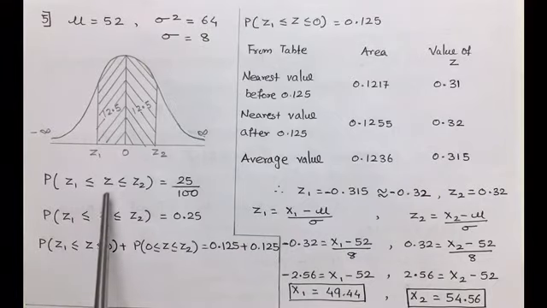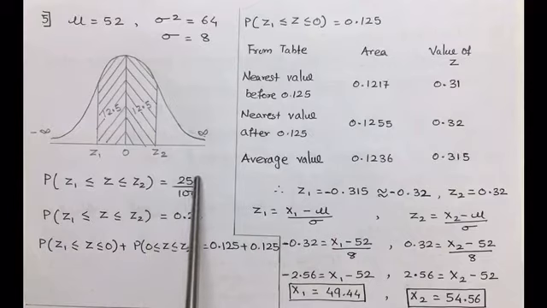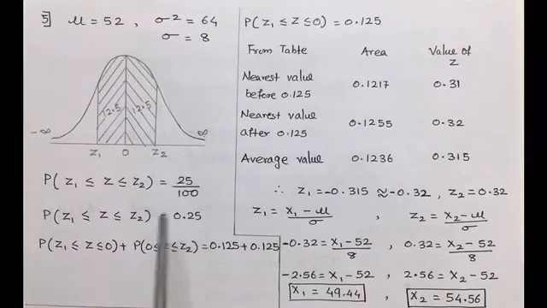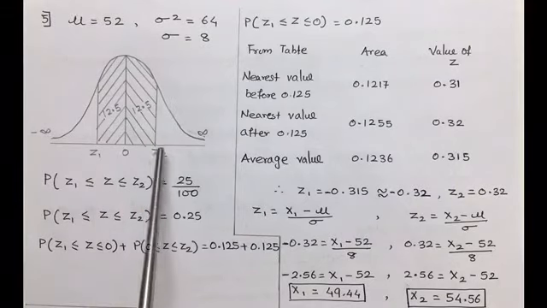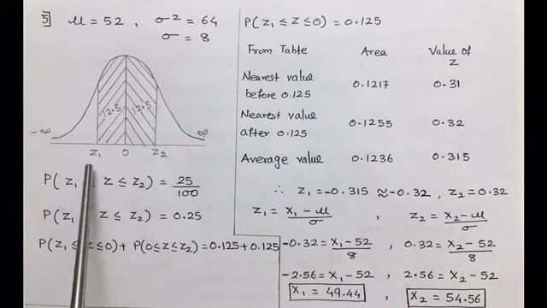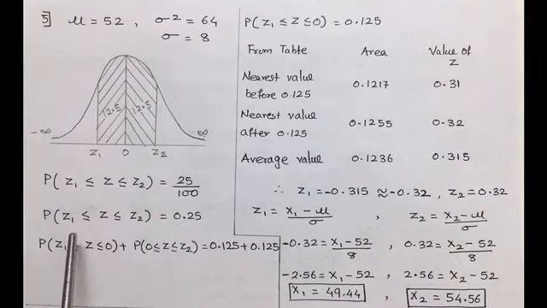So Z1 is less than or equal to Z is less than or equal to Z2. That is 25 by 100 because 25% is given. That becomes 0.25. Now as Z1 and Z2 are lying on opposite sides, that is one is negative, one is positive, that means different signs.